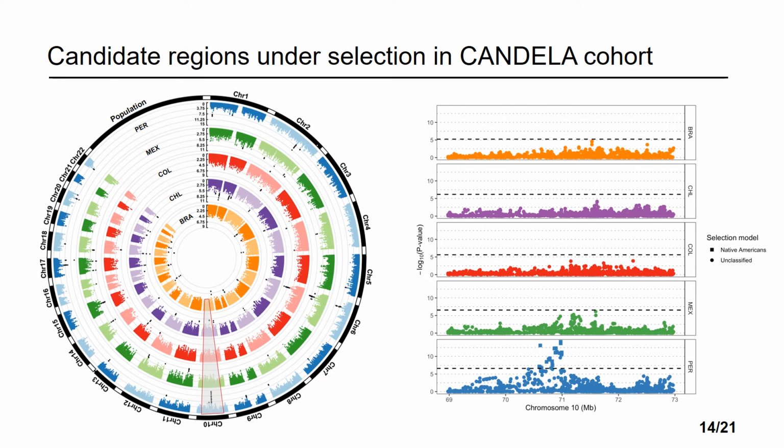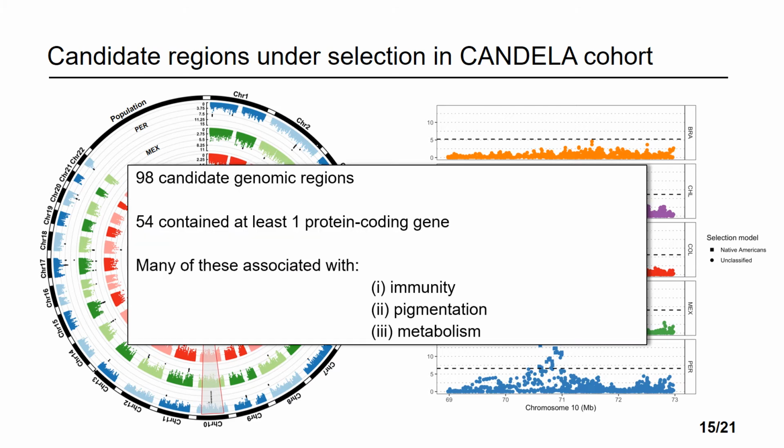But we also identified some novel signals. For example, here in chromosome 10, we detected a strong signal only in the Peruvian samples. And so overall, in our scan, we identified 98 candidate genomic regions, 54 of which contain at least one protein coding gene.